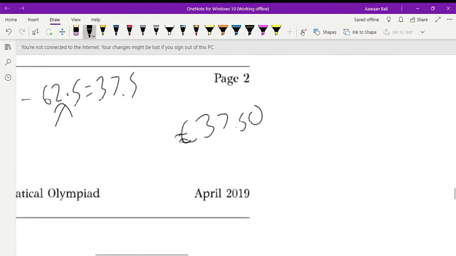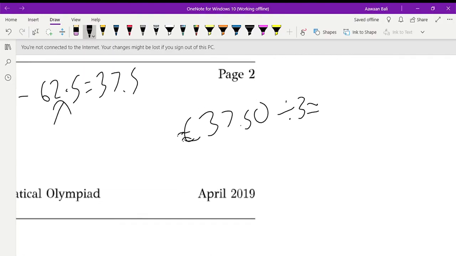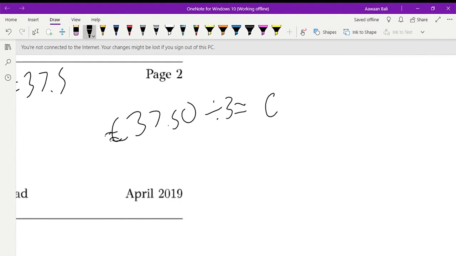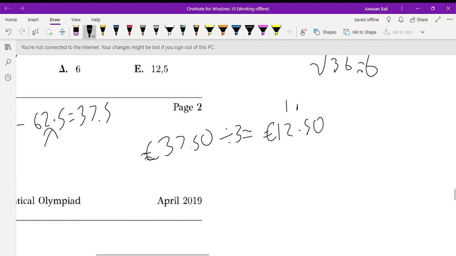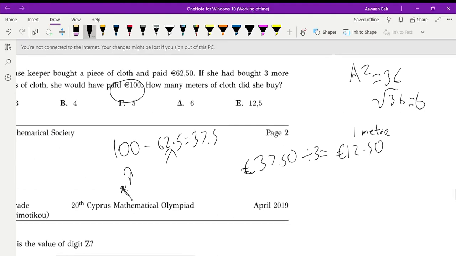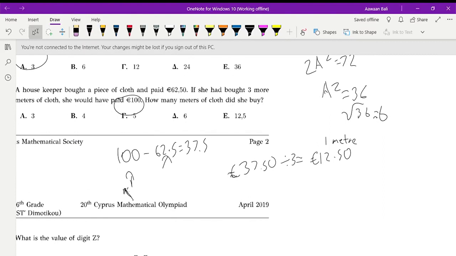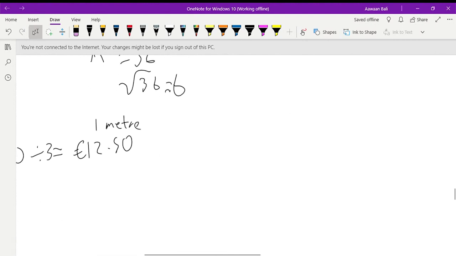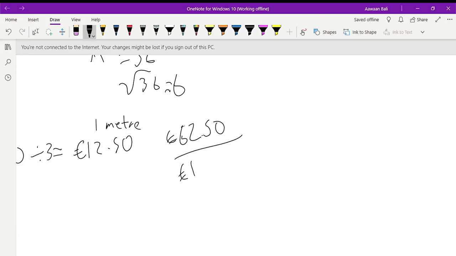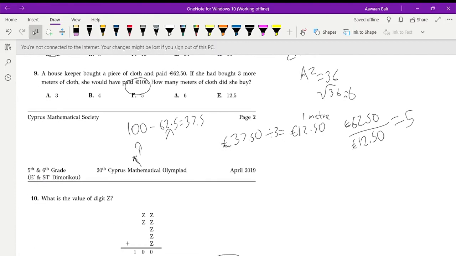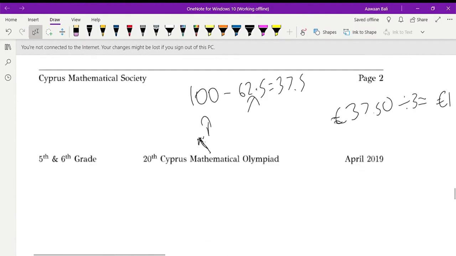So if we divide €37.50 by 3, we get €12.50, which means 1 meter is €12.50. Now, since we know that, we can see how it's divisible into €62.50. €62.50 divided by €12.50 is equal to 5. So that means the housekeeper bought 5 meters of cloth, meaning that gamma is the answer.